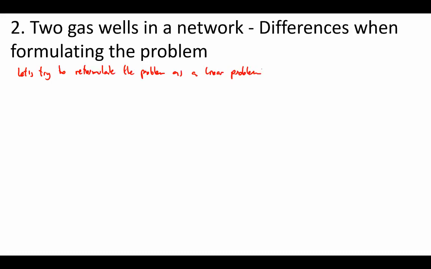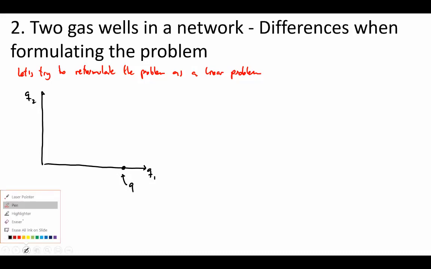Okay, and let's look at the plot of Q2 and Q1. If we have just one operating, and Q2 is 0, it's like Q1 alone in the network.